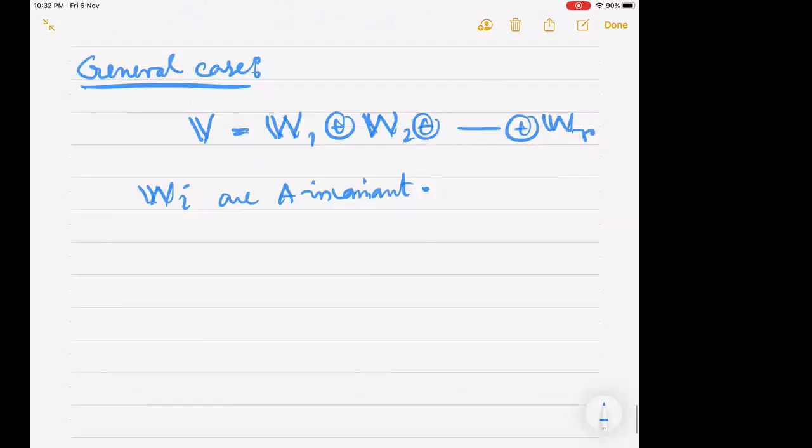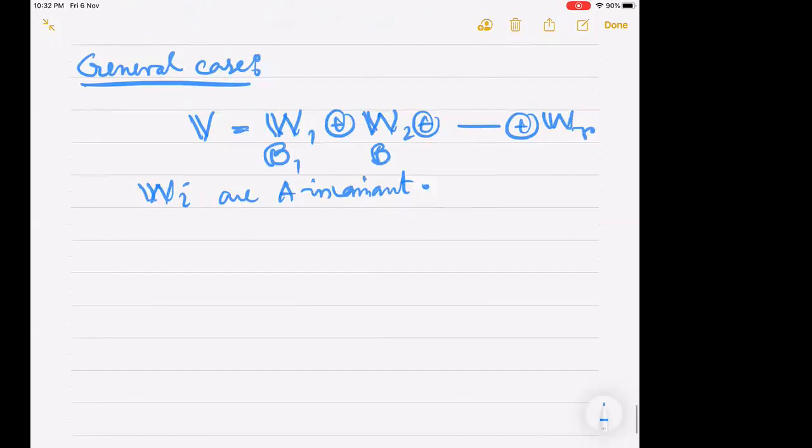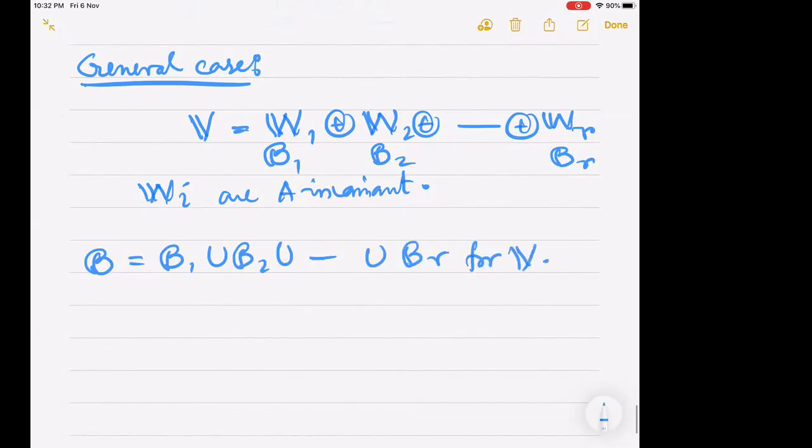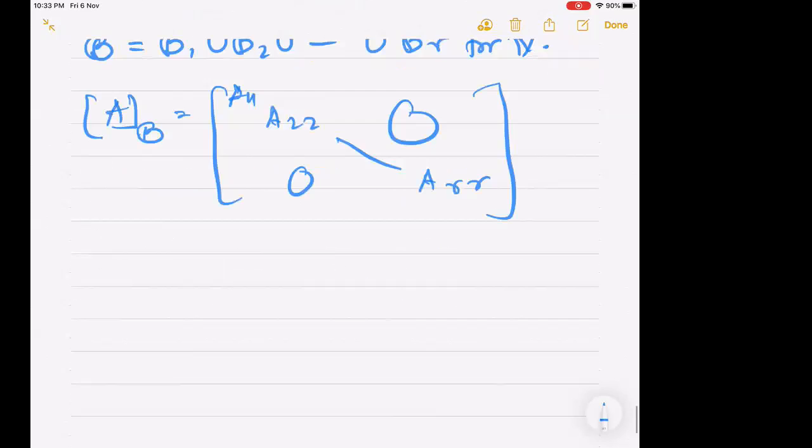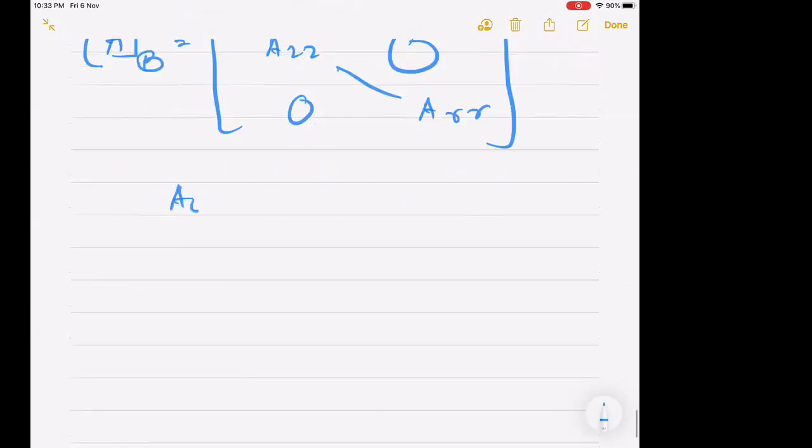In that case, if this is basis B1, this is basis B2, and this is basis BR, then we can have a basis B, which is B1 union B2 dot dot dot union BR for the whole space V. And in this basis, the operator is going to look like A11, A22 dot dot dot up to ARR, with all big zeros elsewhere, where of course Aii is of size di cross di, where di is nothing but the dimension of the subspace Wi. This is the decomposition theorem.